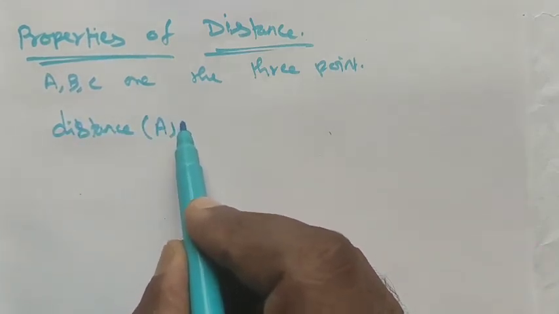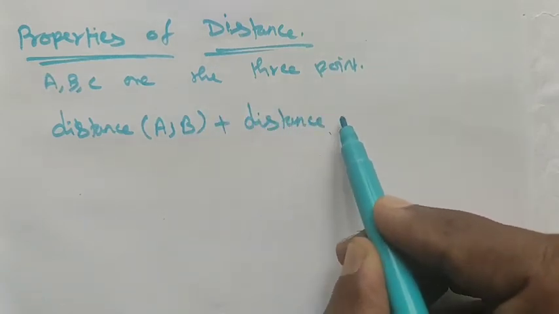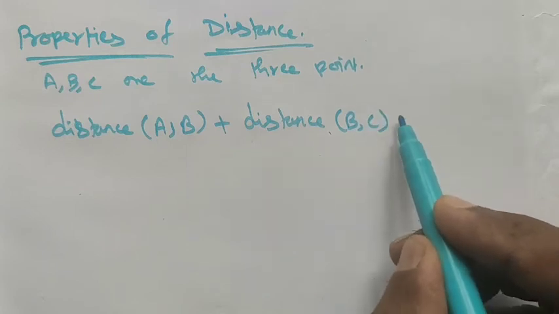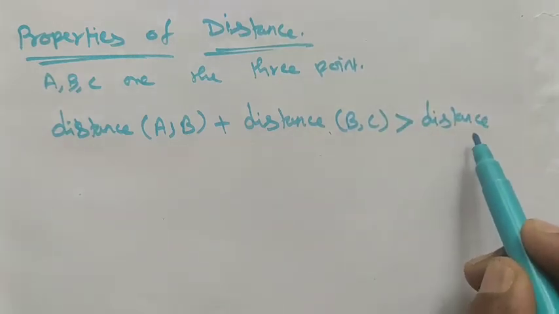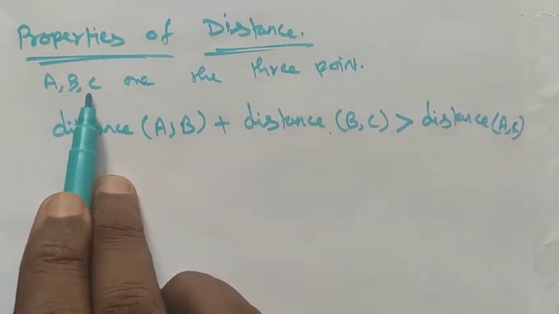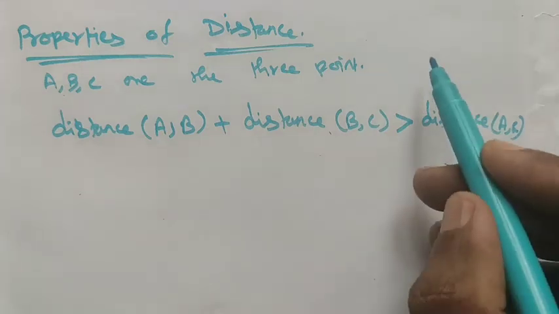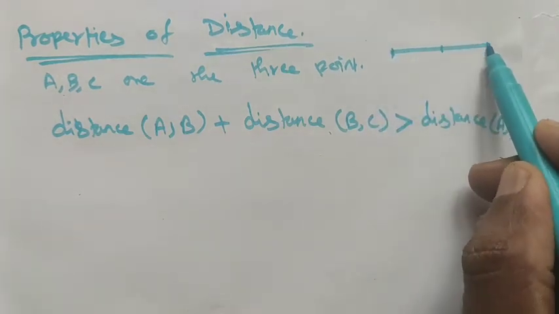The distance of AB plus distance of BC is greater than the distance of AC. That means the points A, B, C all lie in the same straight line, that is, we call them collinear points.